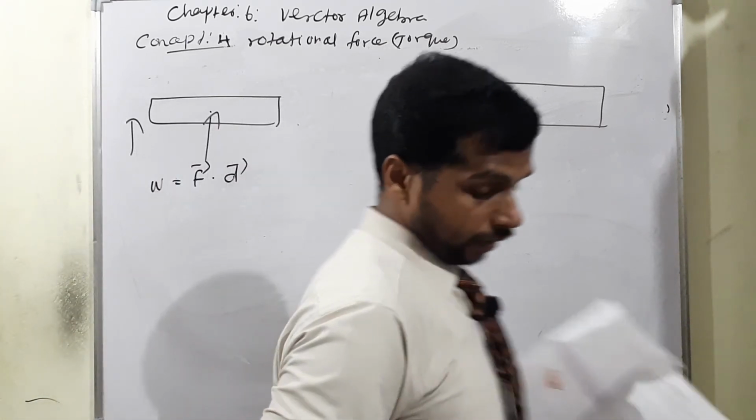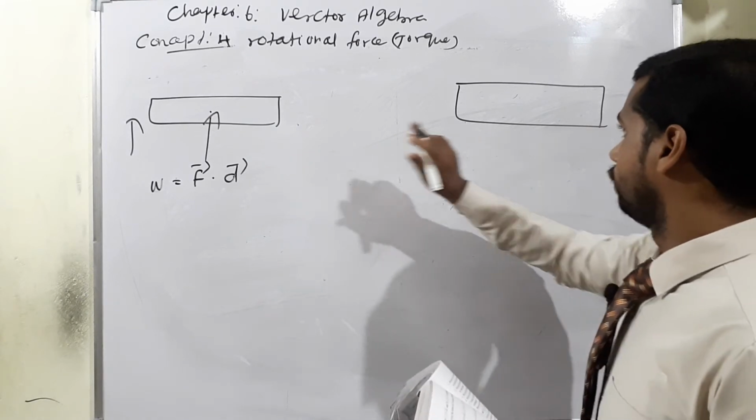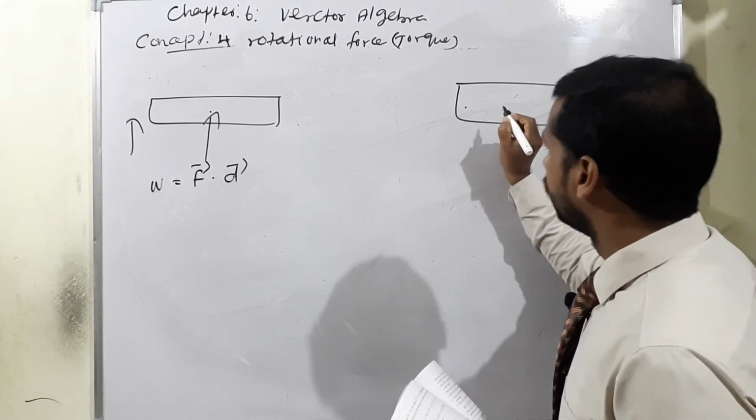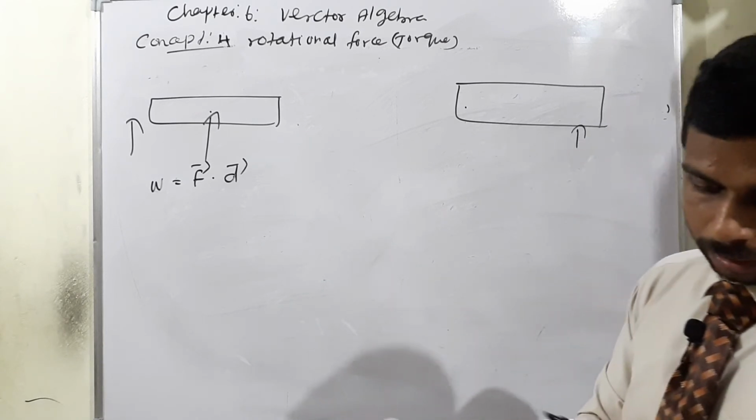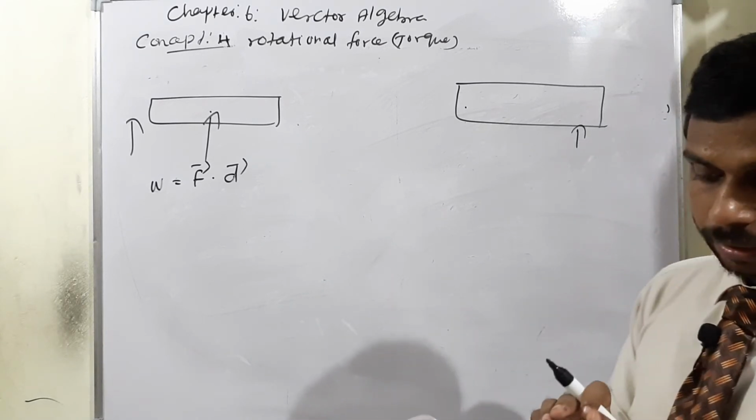Another object is moving to a point at the corner. The corner moving is considered in your book clearly, and that is called the torque.